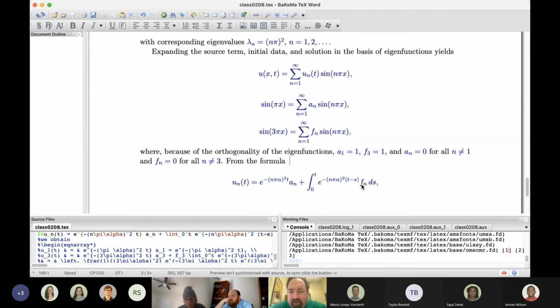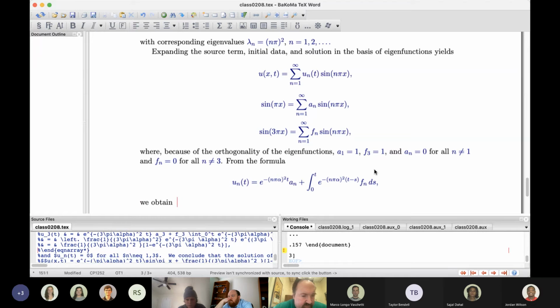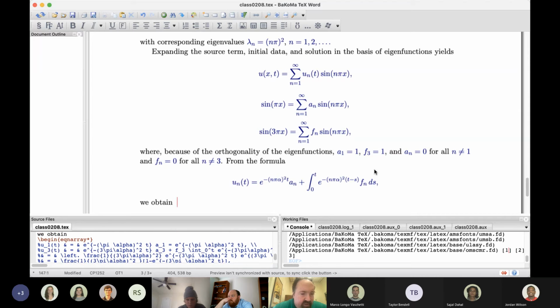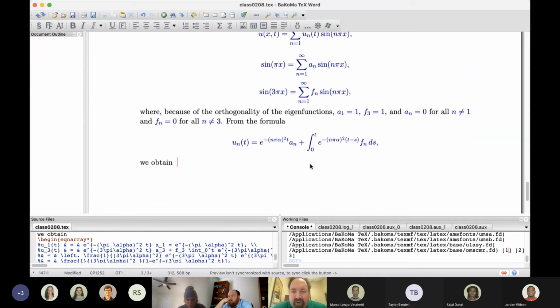Now, the only time an a or an f is non-zero is when n equals 1 for a_1, and then n equals 3 for f_3. So what does that give me? The only interesting cases are where n is equal to 1 or 3.